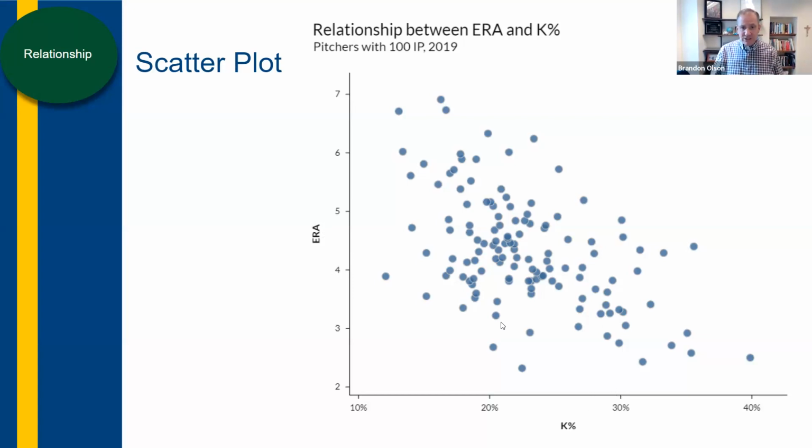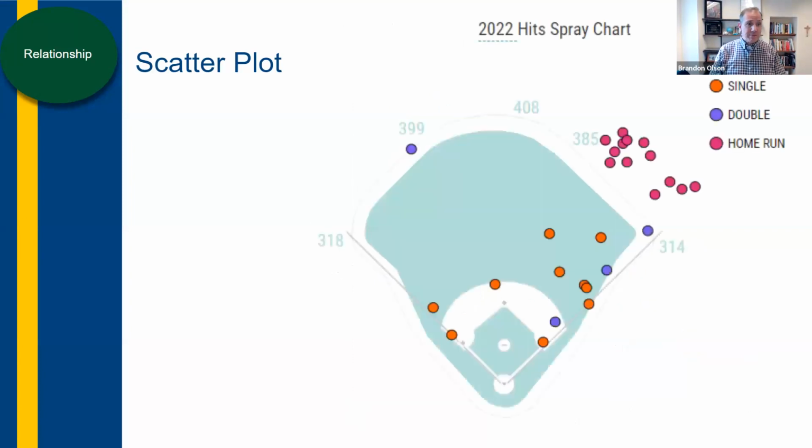So the scatter plot shows us the relationship and the variance of that relationship. Here we have somewhat of a relationship, but there's so much variance that you can't say that one predicts the other. And that's what we're looking at, to see if one predicts the other. We're asking, does the x-axis predict the y-axis variable? So scatter plots are great if you want to show the relationship between two variables.